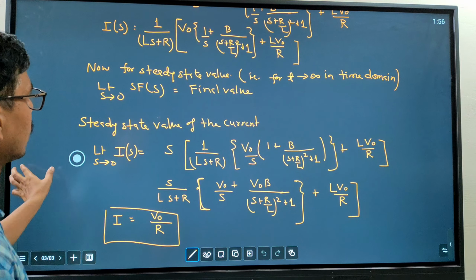The Laplace transform of this differentiation is s I(s), where I(s) is the current in the Laplace domain, minus i(0). This is the Laplace transform. The initial current is there, so this factor is present.